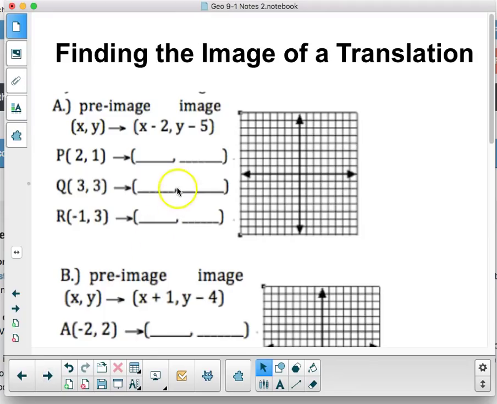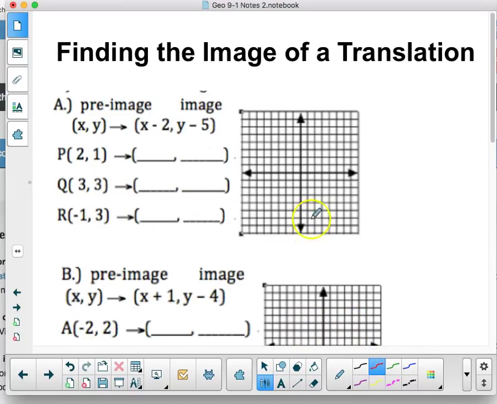Let's do some examples. If I have a pre-image of (2, 1), (3, 3), and (negative 1, 3), let's graph these. So if I go to (2, 1), that is my point P, and I have (3, 3), and that is my point Q. And I have (negative 1, 3).